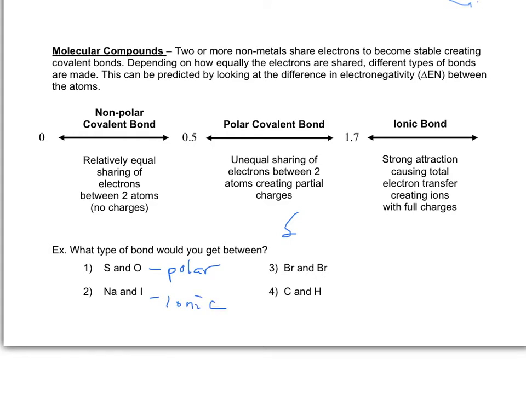Because bromine and bromine are the same element, they have a difference of 0. That means they're completely equally shared, so it's a nonpolar covalent bond. And C and H have a difference of 0.4. That's also falling into the nonpolar bond range.